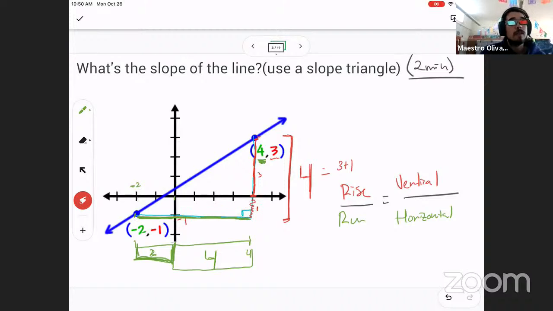So if this portion is 2 and this portion is 4, what's my total distance for the bottom portion? Thank you, Shayla. Thank you, Bricia. That's 6, right? Why? Because 2 plus 4 is equal to 6. So what's my slope going to be?